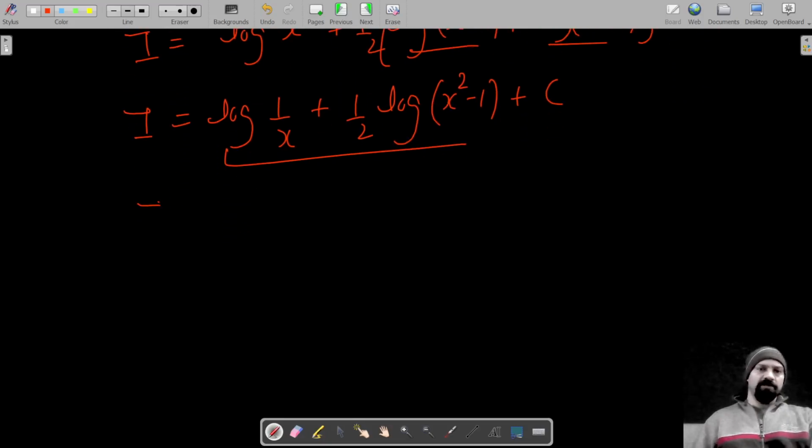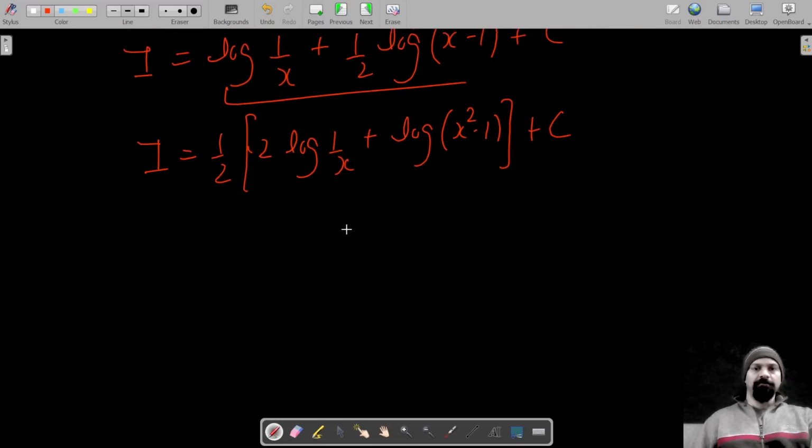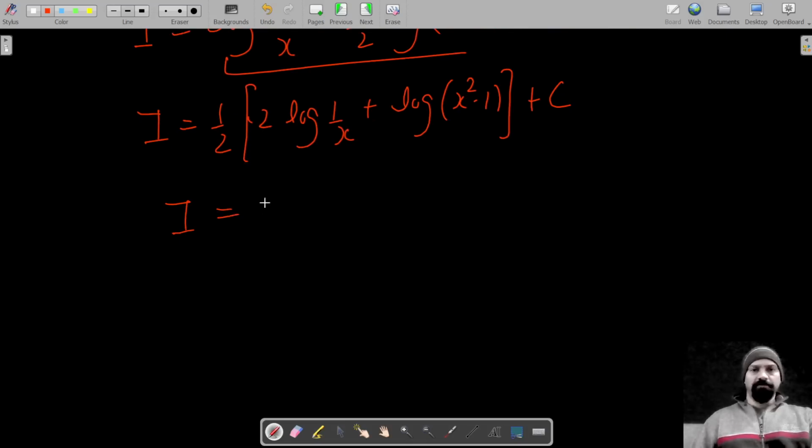And for these two, if I take half common, this can be written as 2 log of 1 by x plus log of x square minus 1 plus c. Now this is m log n, or n log m, which is equal to log m raised power n.